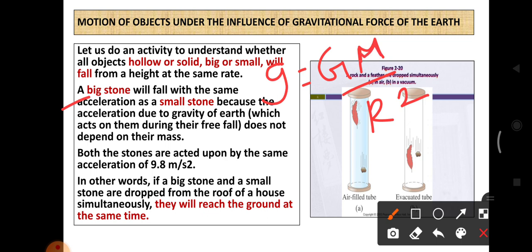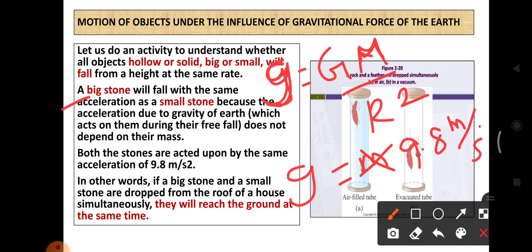Here capital M is the mass of the earth, not the mass of the object. So the acceleration due to gravity does not depend on the mass of the body. Whatever the mass of the object, all objects are accelerated at the same rate, that is, 9.8 meter per second square.